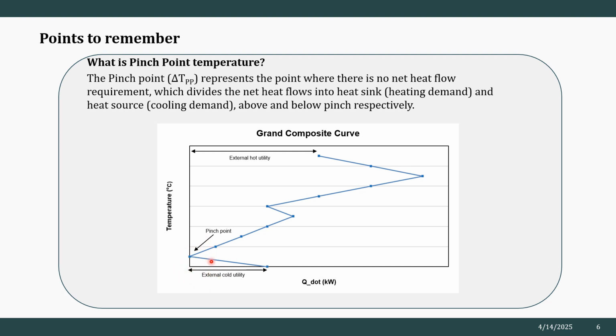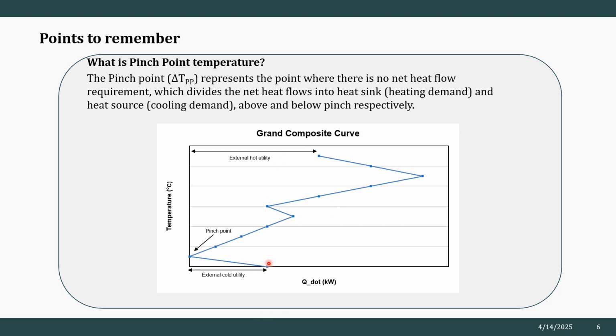So this pinch point is a very important parameter in pinch analysis because it divides the grand composite curve into two regions. The region above the pinch point is the heating demand. The region below the pinch point is the cooling demand. So to obtain the best heat recovery, we should not transfer heat from above the pinch to below the pinch. Why so?